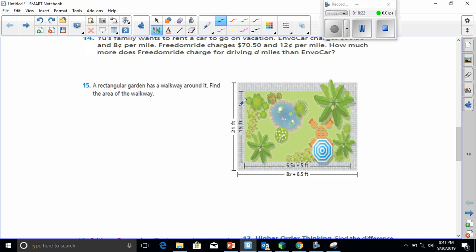Well, first of all, I know I can go ahead and take the entire yard and minus the garden from it, and that'll give me the area of the walkway. I have to remember that area equals the length times width. So my length of my whole garden or my whole yard is 21 times 8x plus 6.5.